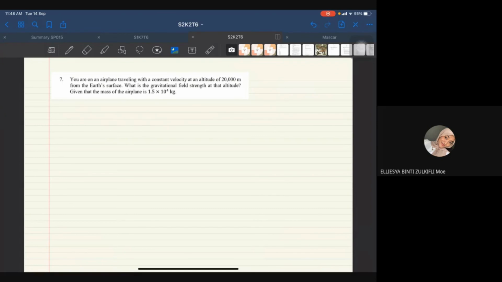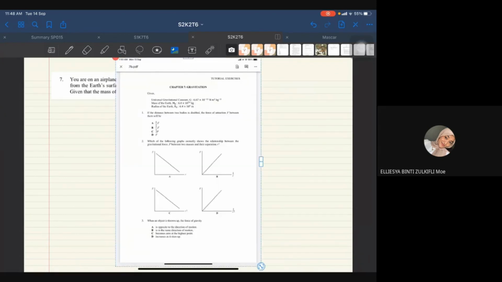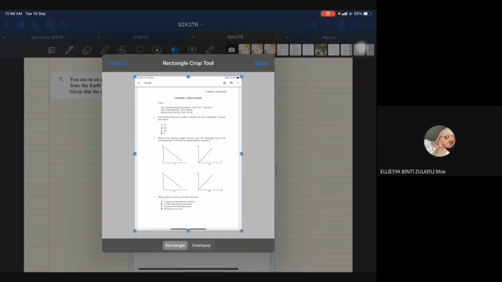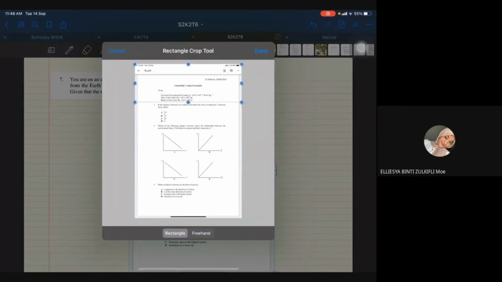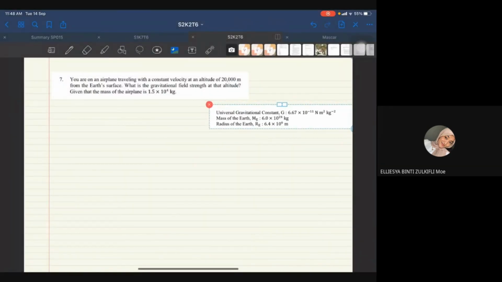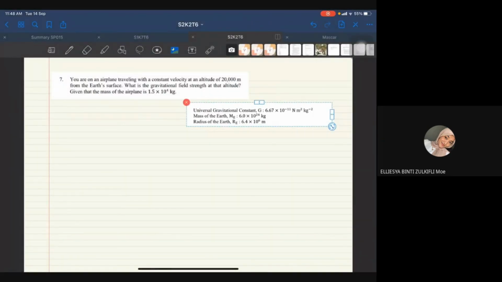Okay, dia kata, saya rasa dia ada beri nilai constant tu kat sini. So dalam exam, kalau dia tak beri dekat formula sheet, dia akan beri dekat soalan. So you don't have to memorize anything lah. Numbers ni tak perlu hafal.